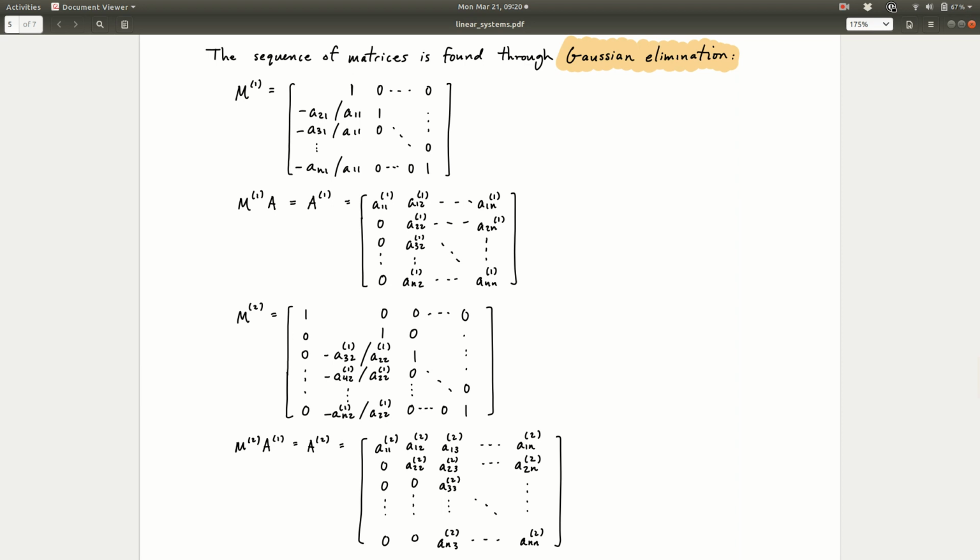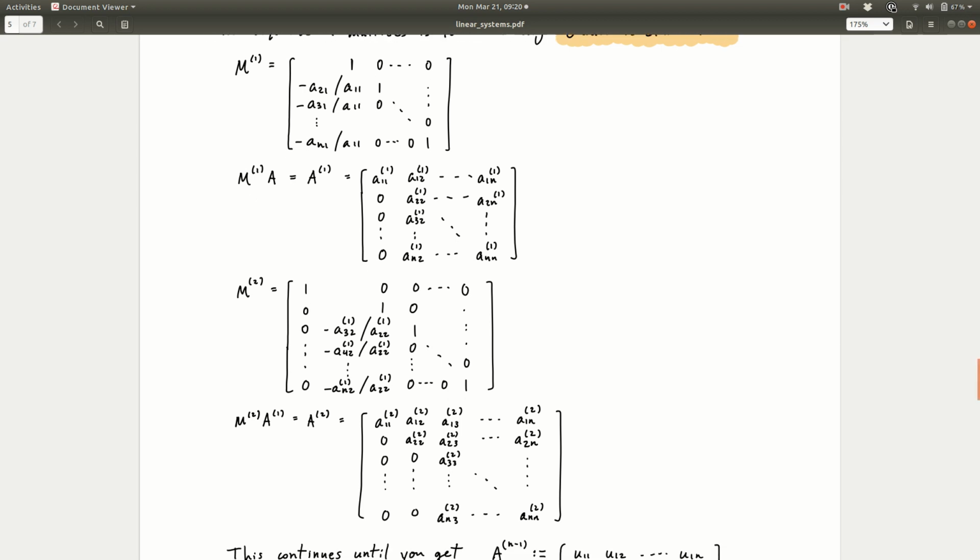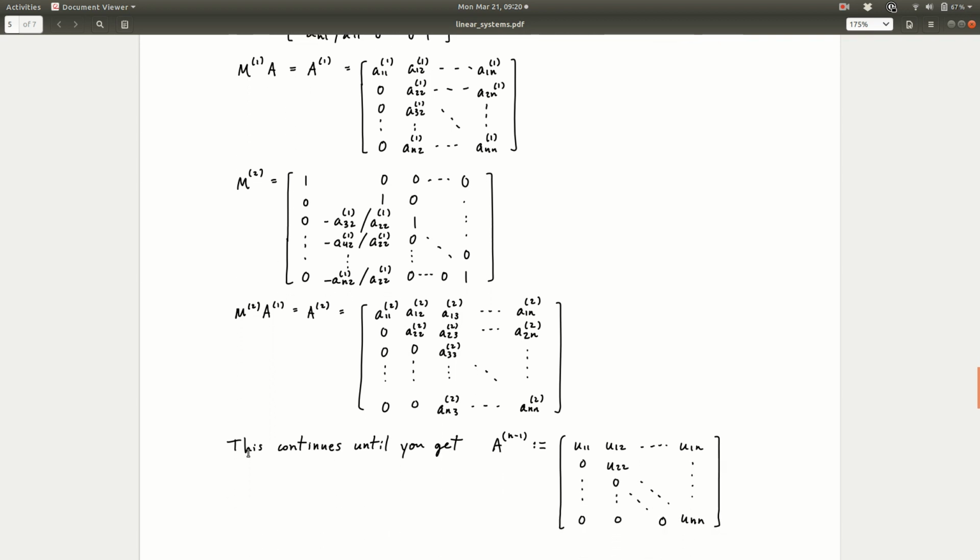This is called Gaussian elimination. Basically what happens is with each successive matrix multiplication, you set this to 0, and then you get new entries here. So this is defined to be A2. This continues until you get Mn minus 1 times An minus 2 equals An minus 1, which has eliminated all of the entries here, and which leaves you with an upper triangular matrix.